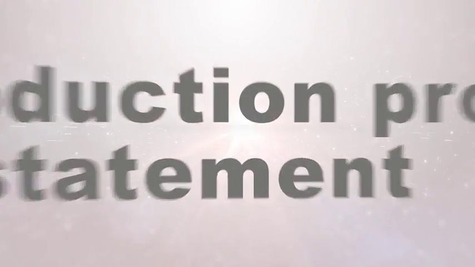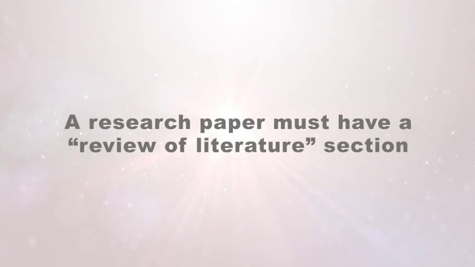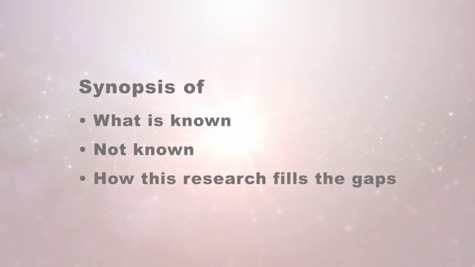A research paper must have a review of the literature section. I'm so surprised as an editor of the number of research papers I receive for which there's absolutely no review of the literature. The review of the literature section really provides the reader with a synopsis of what is known about the topic, what is not known about the topic, and how this research fills the gap in the literature.